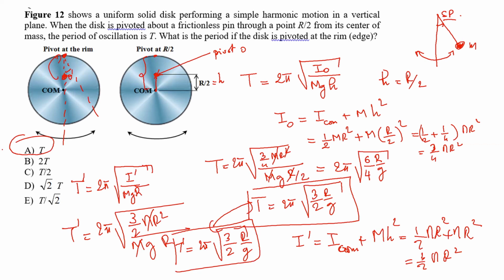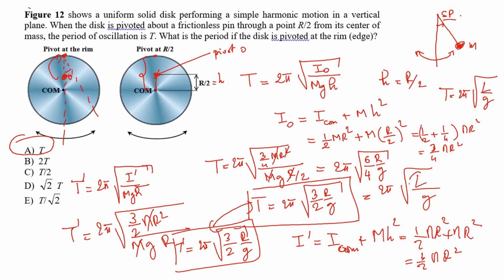Good. Now, if I ask you a question, what should be the length of a simple pendulum that will have the same period? You know that the period of a simple pendulum is 2 pi square root of L divided by G. And this should be equal to this.